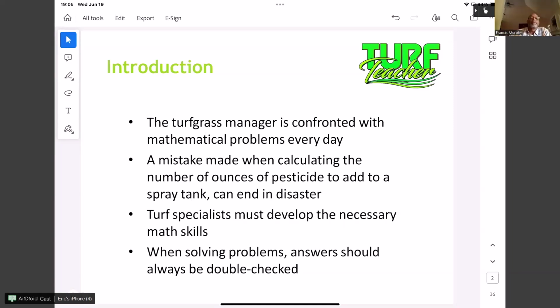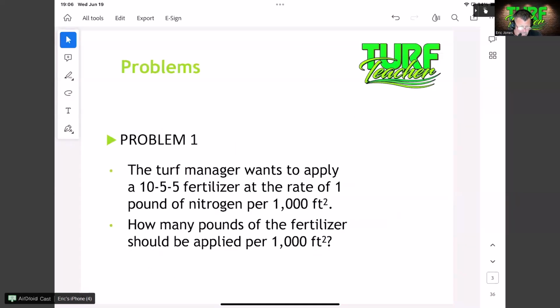It was basically the same test that I did in 98. But it's good seeing the math problems on there. There are very few math problems on the state exam, so I think we do need to spend a little more time with it. When solving problems, your answers should always be double checked. So we're going to go ahead and get started with math problem number 1.